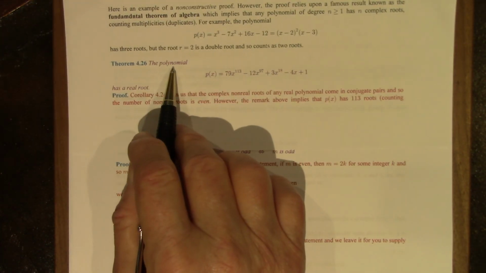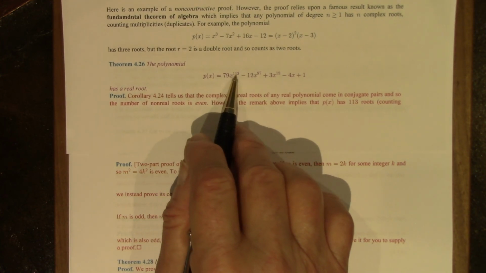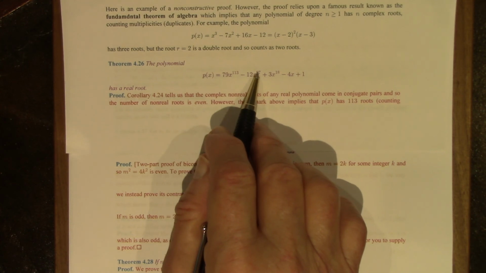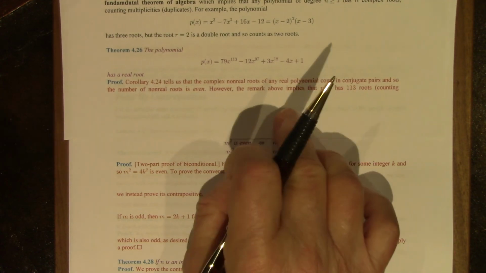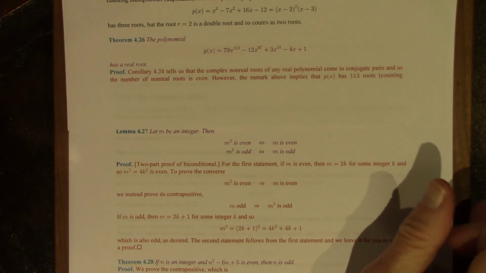Theorem. This polynomial, 79x to the 113th power minus 12x to the 97th power, and so on, has a real root. Well, first of all, there is no way you're going to find that root. Okay.